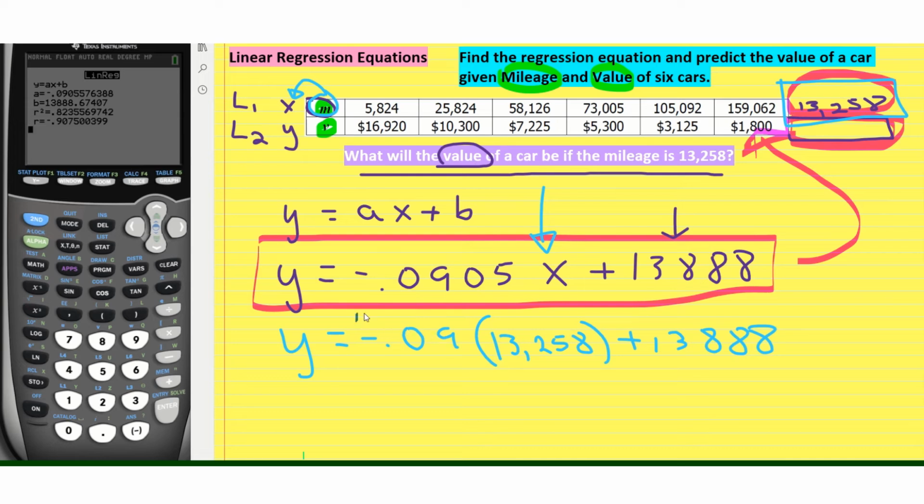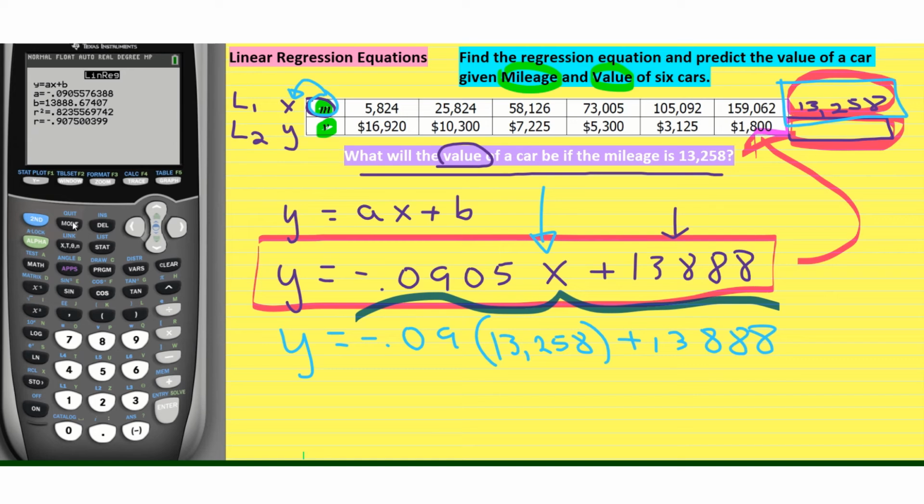Okay, so at this point we are going to go back to our graphing calculator, and we are just going to calculate this total. So second quit gets me out to a clean screen, but now I can just literally do minus 0.09 times my 13,258 miles. Oops, I think I messed something up there. 13,258.